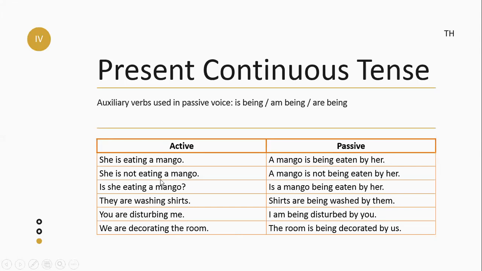It's the same when it comes to negative as well. She is not eating a mango. Then we can say a mango is not being eaten by her.